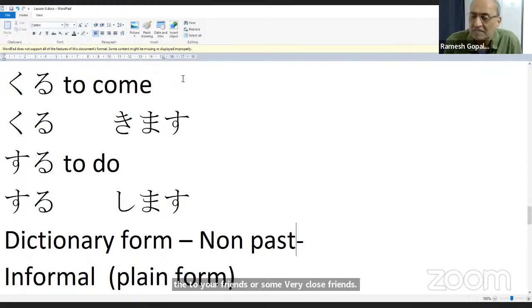Then you can use plain Japanese. But you won't get to do that. So it's a plain form.